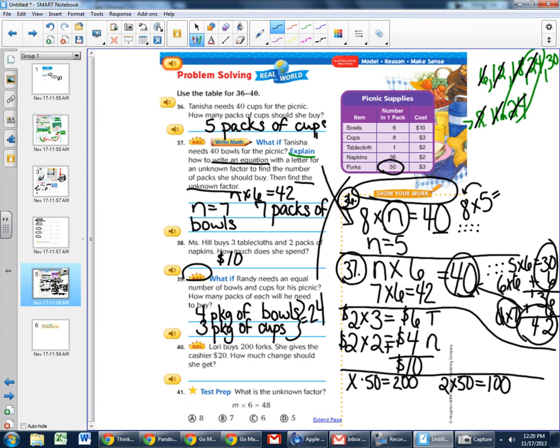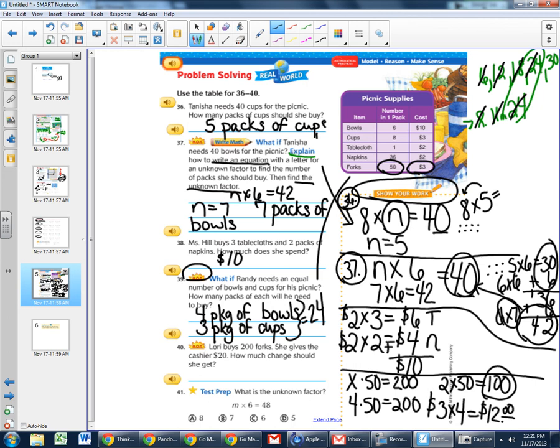Twice as much, I'm going to double that. So I know that 4 times 50 equals 200. Now I'm going to take the total cost up here, $3, 3 times 4 to equal $12 that she spent.